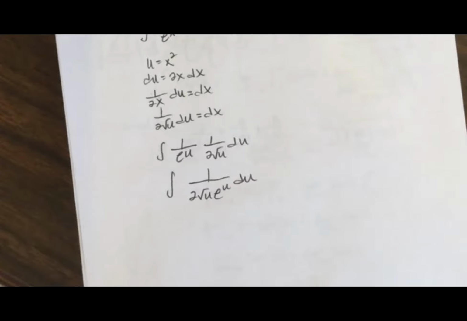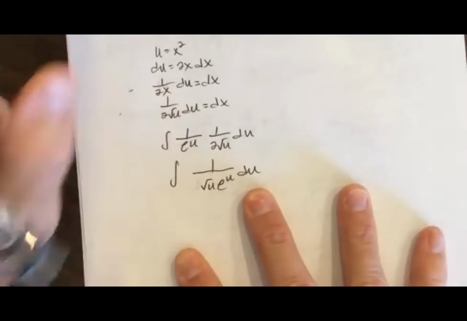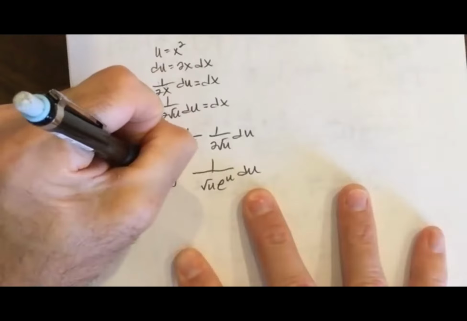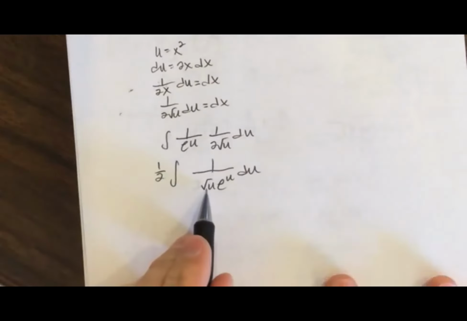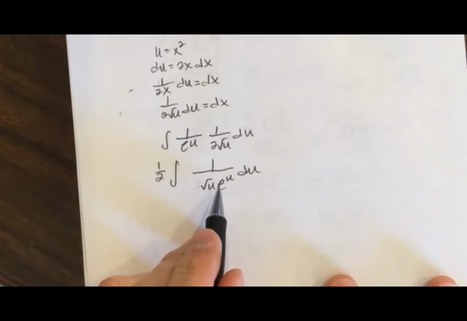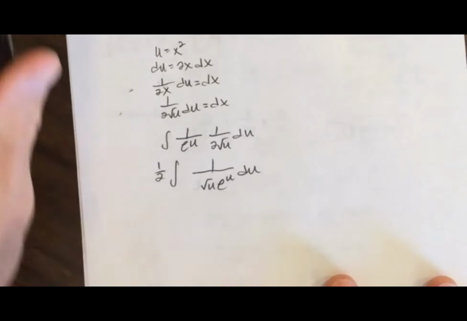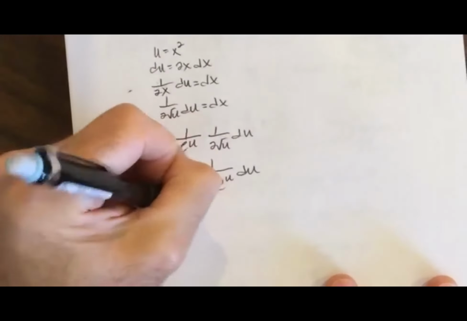Would this be integration by parts? That's what I would probably try next, because it's looking a lot like a product here, isn't it, in the denominator? So then maybe you'd let this be one part and this be one part and keep going. Here's the bad news.